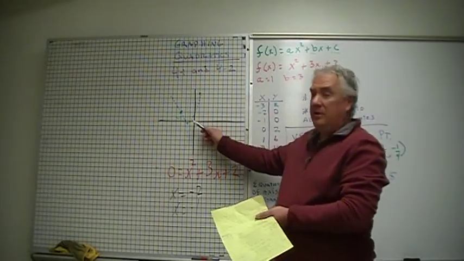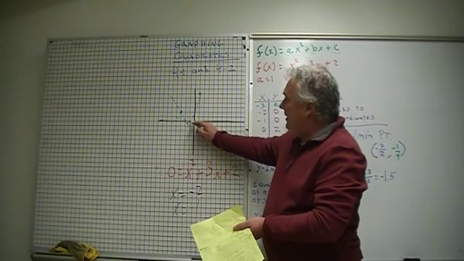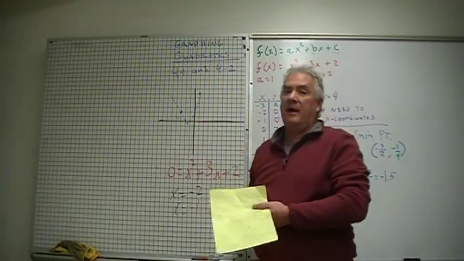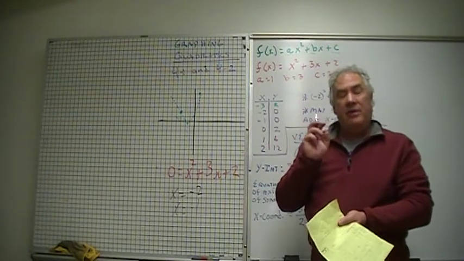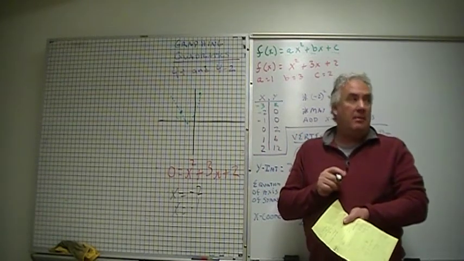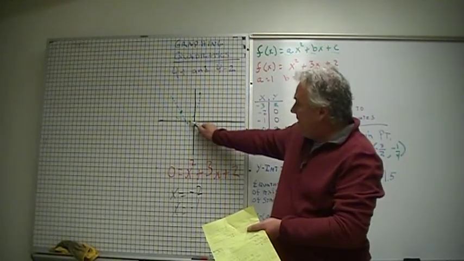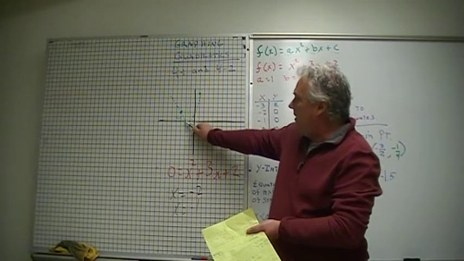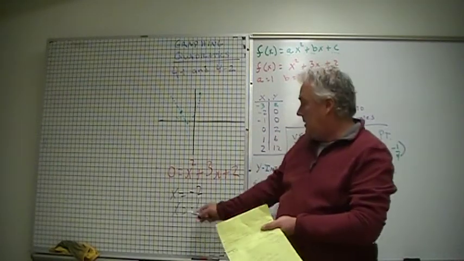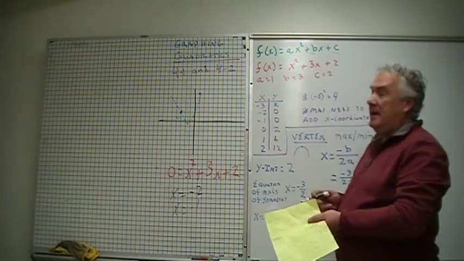But take a look at the graph, and this is the beauty of the graph. Where the parabola crosses the x-axis, at those 2 points, those are your two solutions to the problem. So, the parabola crosses the x-axis at -1 and -2. -2, -1, those are our answers.